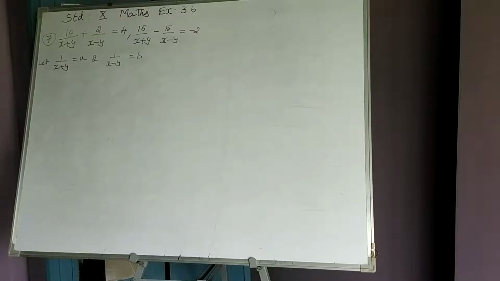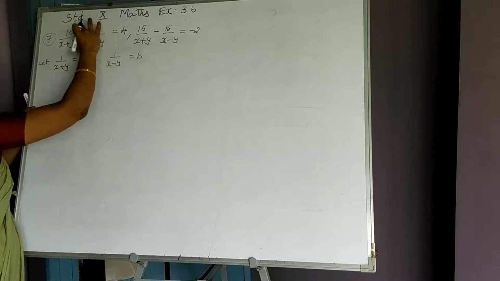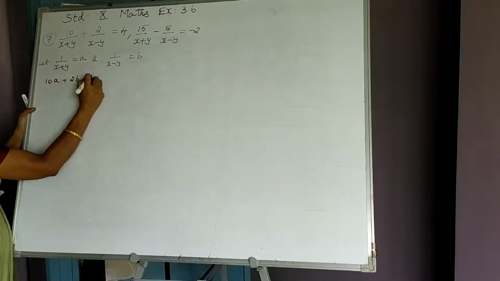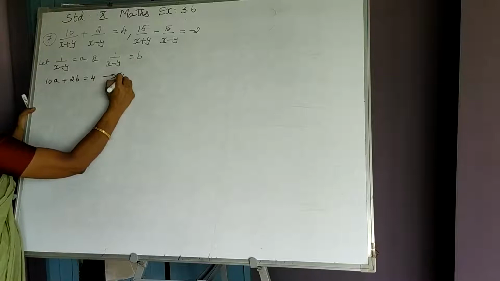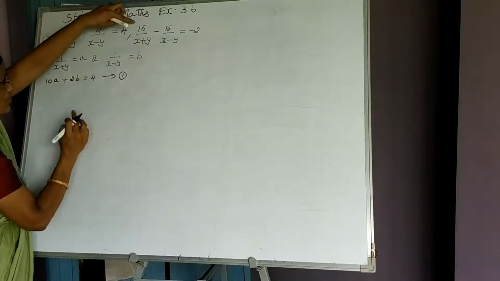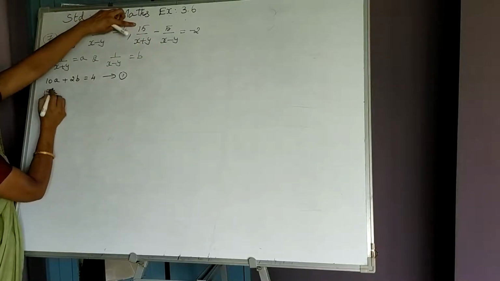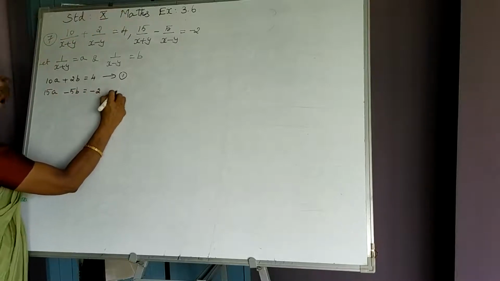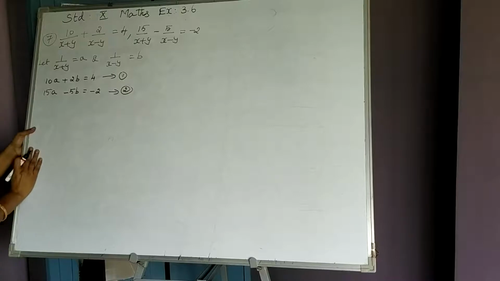Right. So the first statement reduces to 10a plus 2b is equal to 4, the first equation. This reduces to 15a minus 5b equal to minus 2, the second equation.